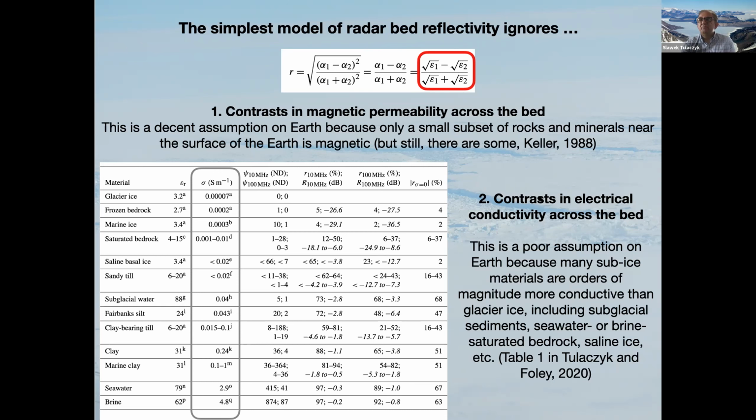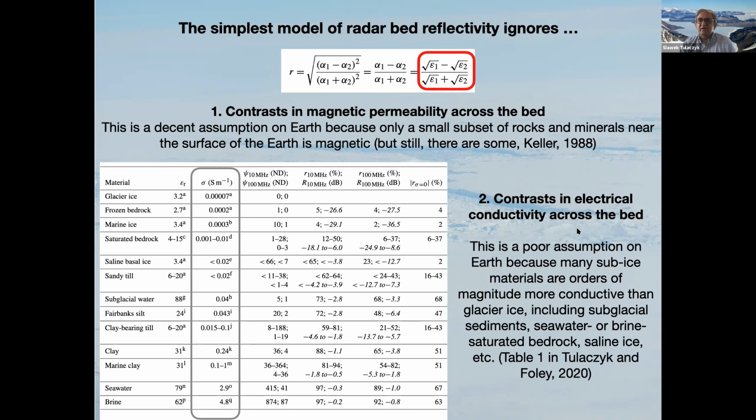But the other, probably much bigger jump that one makes by choosing to use this simple version of the reflection coefficient is that basically saying that there is no contrast in electrical conductivity between glacier ice and whatever is beneath the bed. And that is a big jump, because glacier ice is very, very resistant.